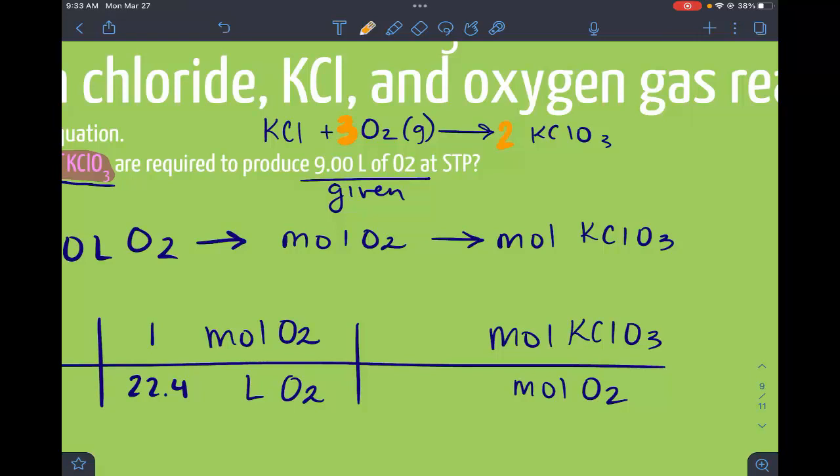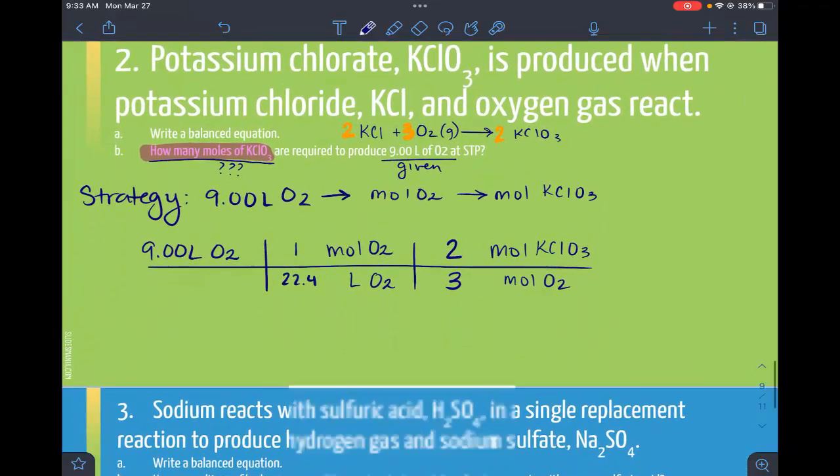But I now have 2 potassiums and 2 chlorines over here on the product side, so I need a 2 in front of KCl on the reactant side. All right, so KClO3 gets a 2 in the dimensional analysis, and oxygen gets a 3. Perfect. All right, we are ready to calculate.